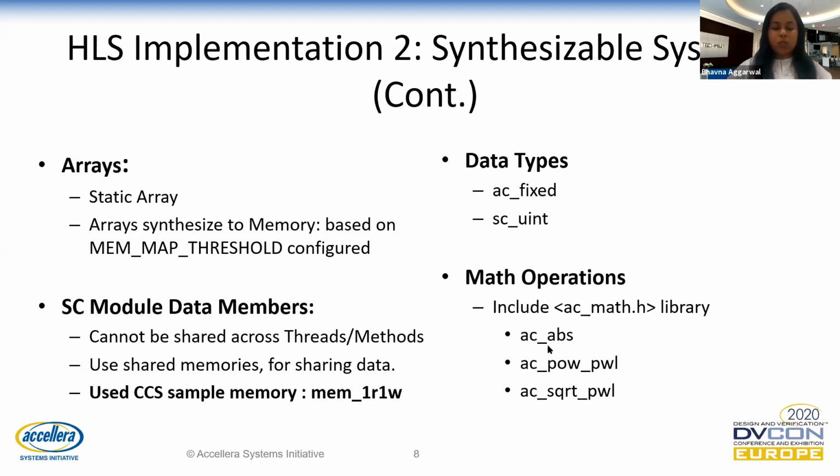The memory is also called CCS sample memory. For bit accuracy, it is advisable to use SystemC data types or AC algorithmic data types. Any math functions required were utilized from the acmath.h library provided by Mentor.